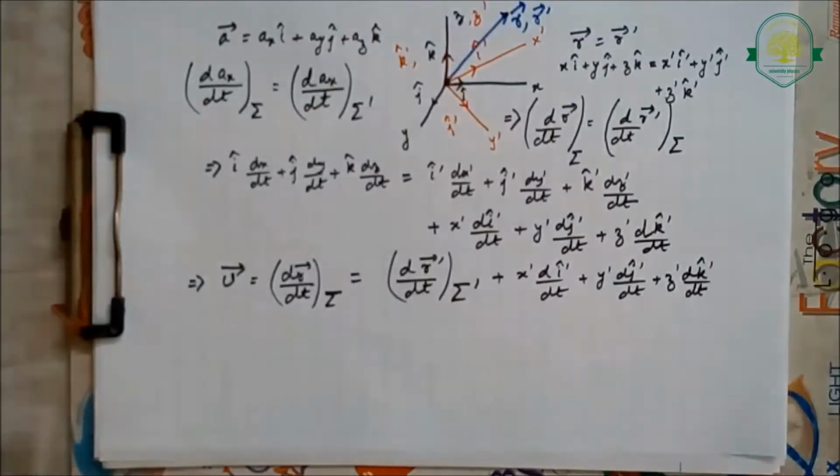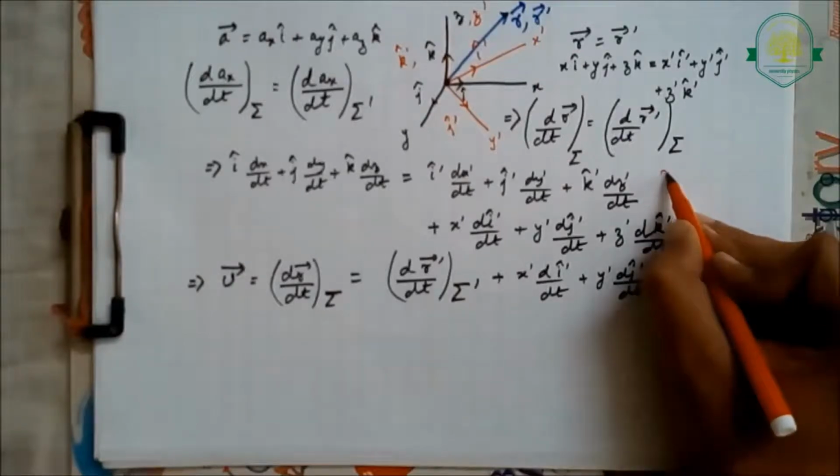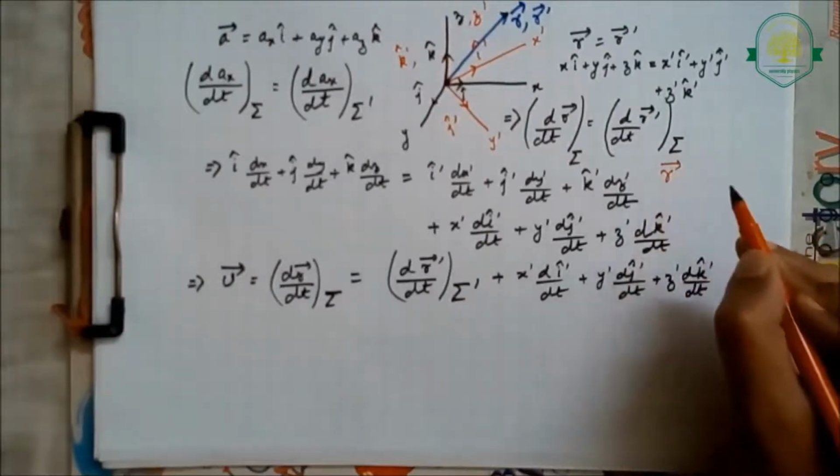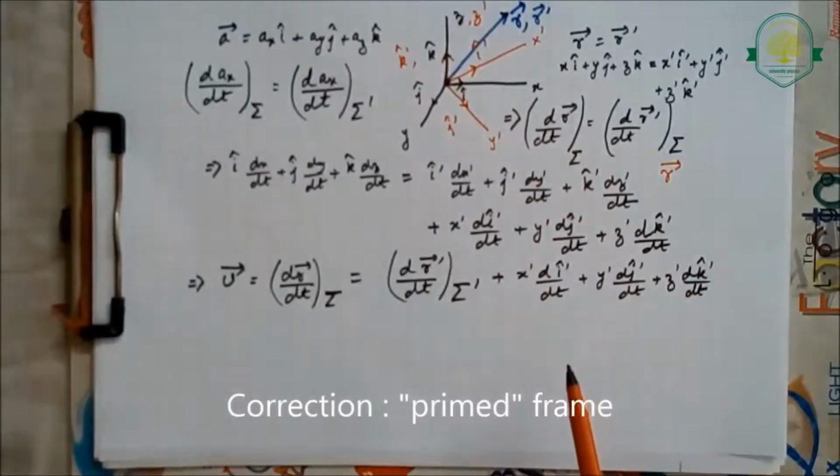Now we'll use another small equation. Suppose we consider a vector r which is constant in the primed frame of reference, that is in the rotating frame of reference.